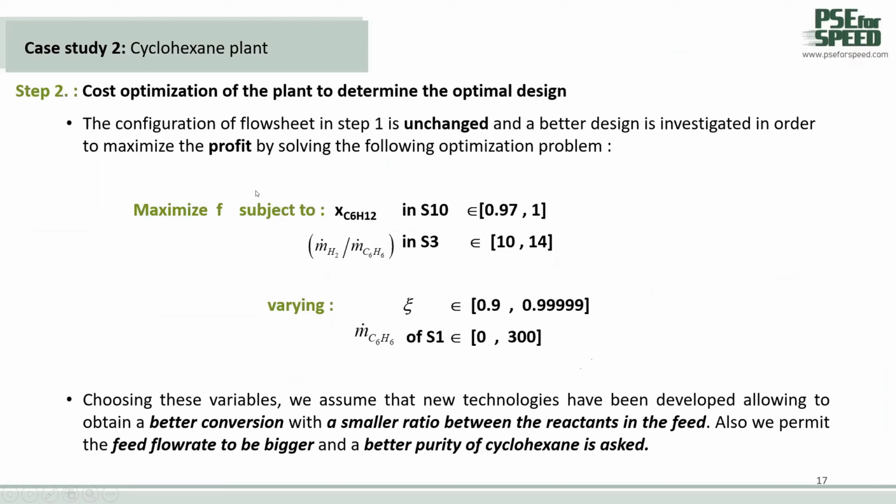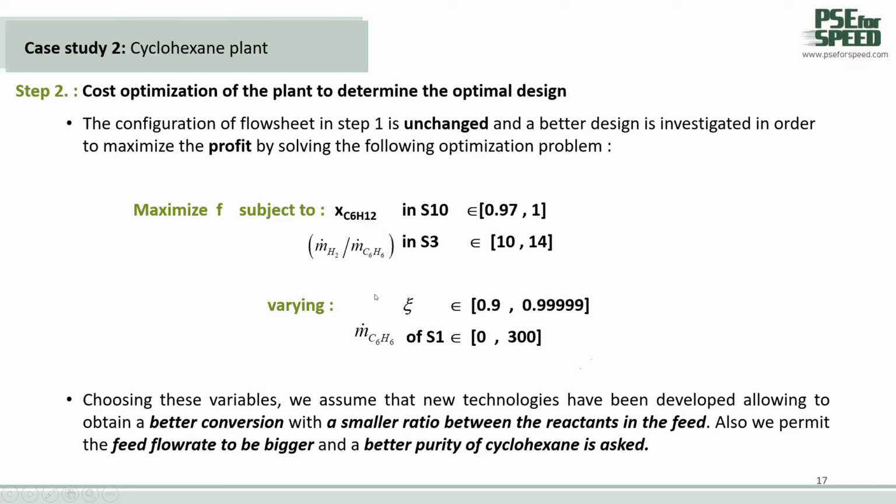In step 2, the cost optimization of the plant to determine the optimal design, the configuration of the flowsheet from step 1 will not be changed, and a better design is investigated in order to maximize the profit by solving the following optimization problem. Let's say that a new technology has been developed which allows a better conversion with a smaller ratio between the reactants in the feed. And we also permit the feed flow rate to get bigger, with a higher purity of the cyclohexane.